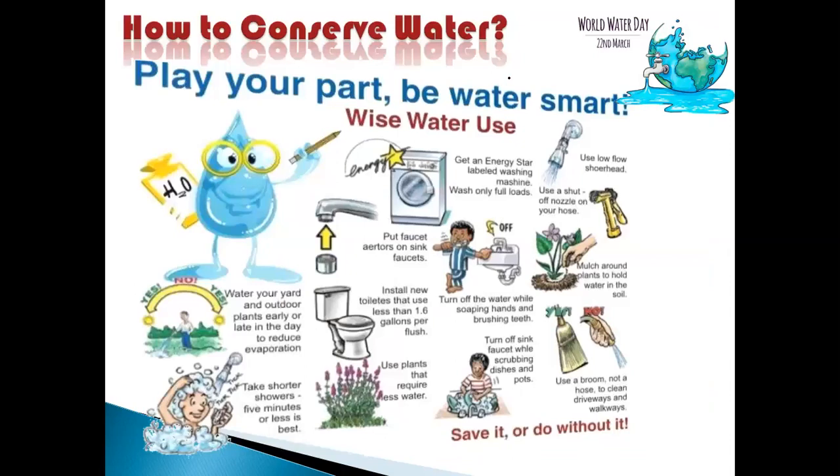So how to conserve water? This is the last topic of this chapter. There are lots of things we have to keep in mind: play your part, be water smart, wise water use. When we are at home, use a low flow shower head.